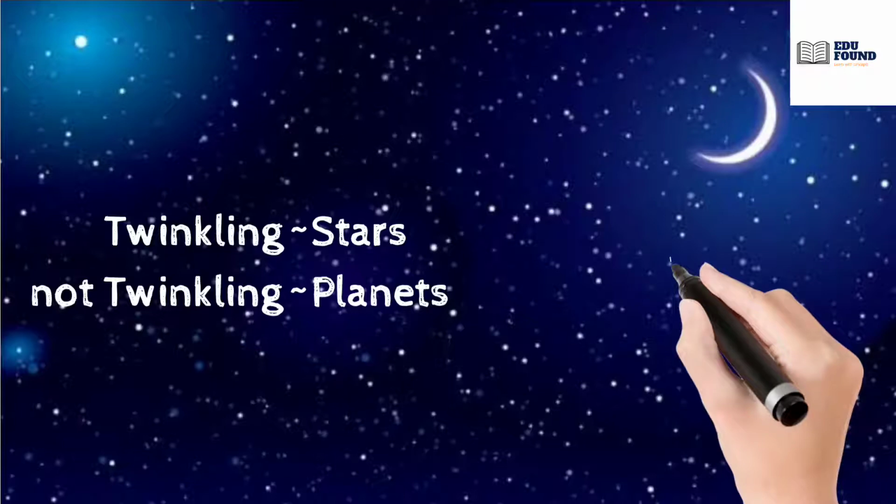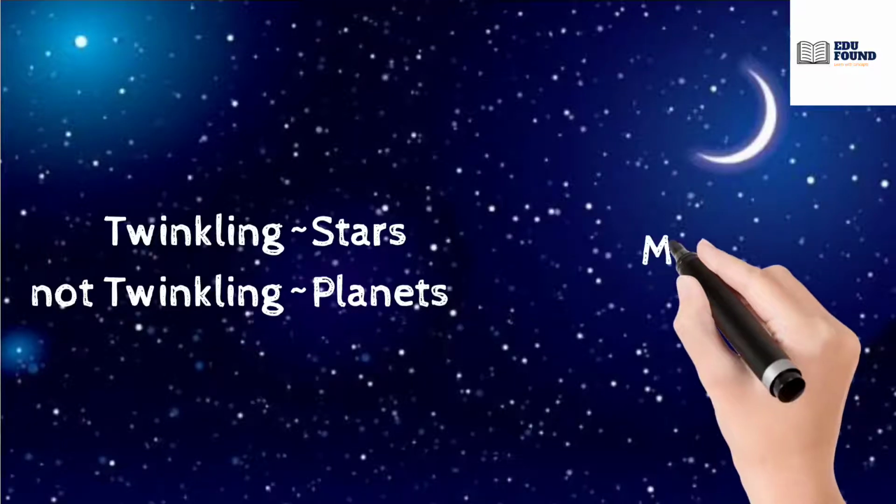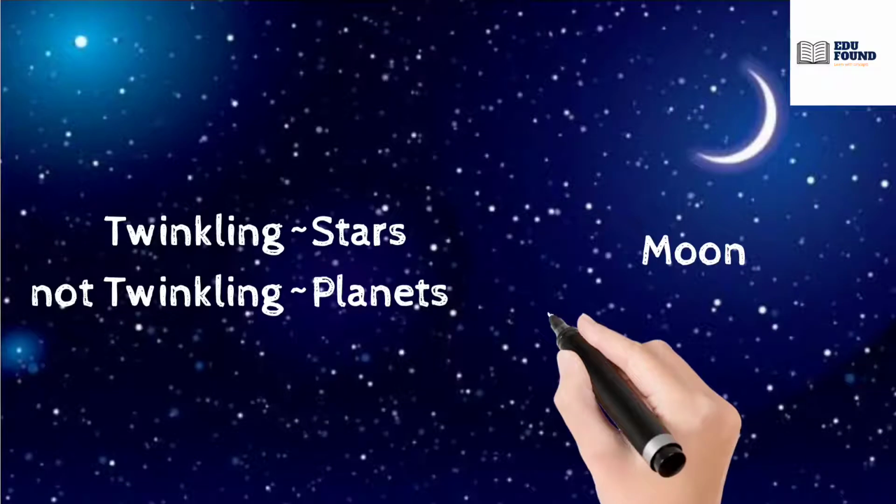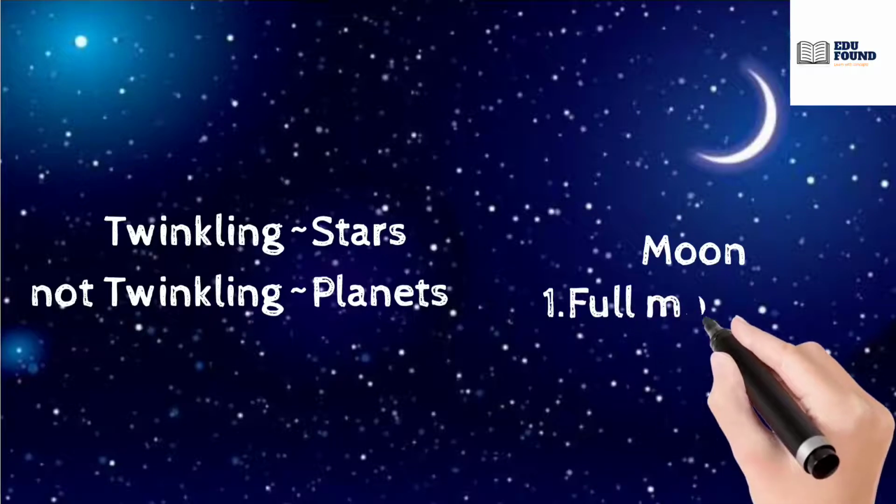Now here we see the presence of the moon also. The moon appears in different shapes at different times, at different positions in the night sky. Sometimes we see the shape of the moon is completely round.